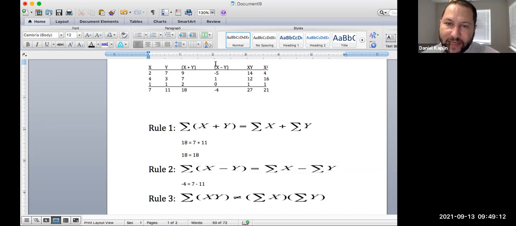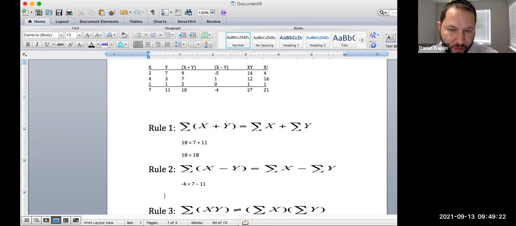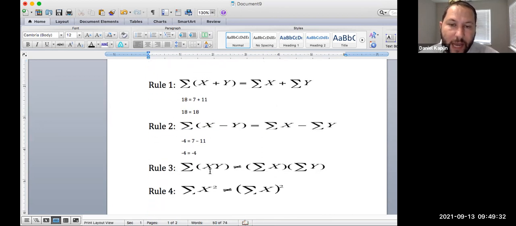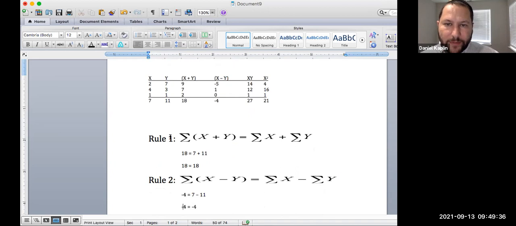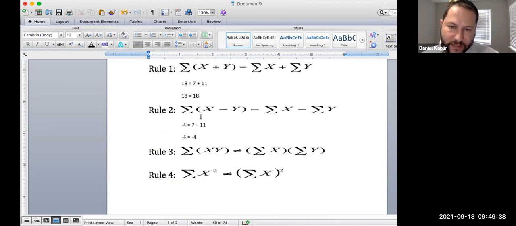See, so the sum of the x column is what is here, right? And then the sum of the y column is what's here. So 7 minus 11, if we were to continue to prove this rule, would be negative 4 is equal to negative 4. Let me get rid of that typo, right? So I'm proving the rules based on the columns, right? So I'm taking one column versus another.